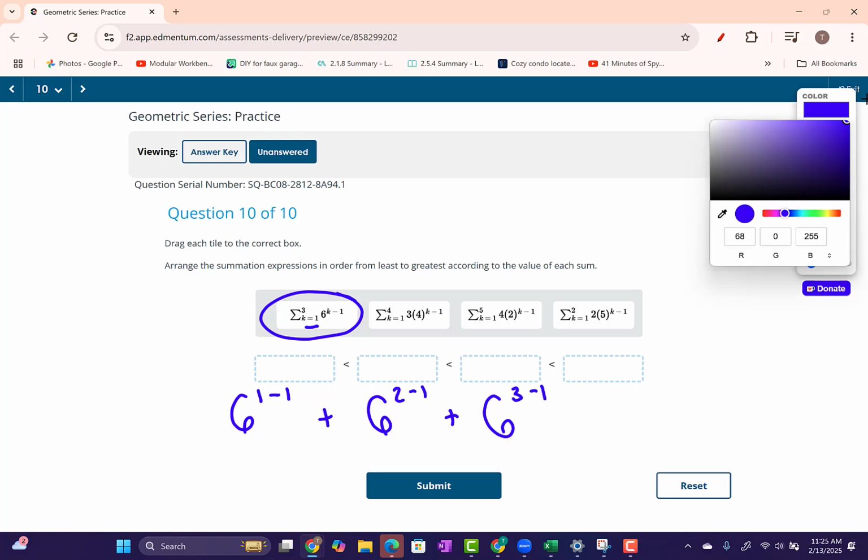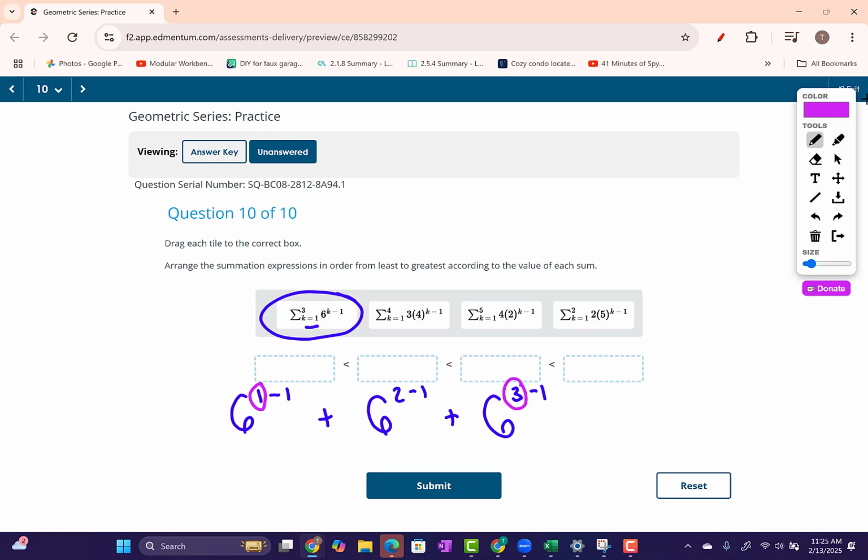Again, if that confused you at all, the key values are this one and this one. We know we're going 1, 2, 3 because right here they tell us we're starting with the first term and ending with the third term. So we're just substituting those three numbers in for K.